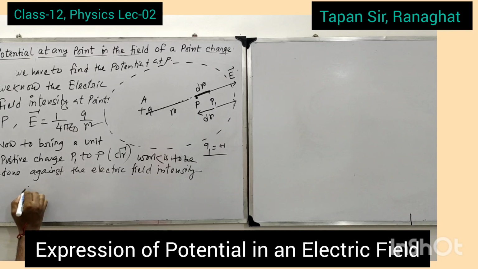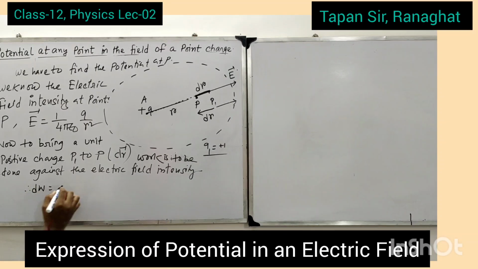So we know work done dW is equal to E vector dot dr vector.